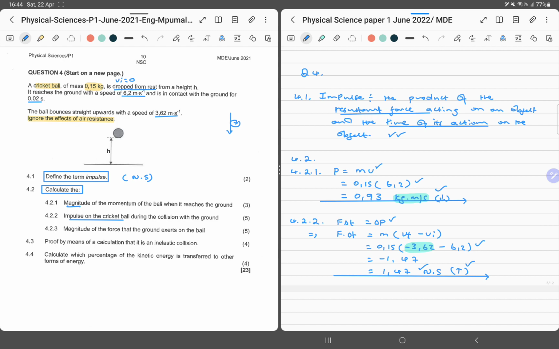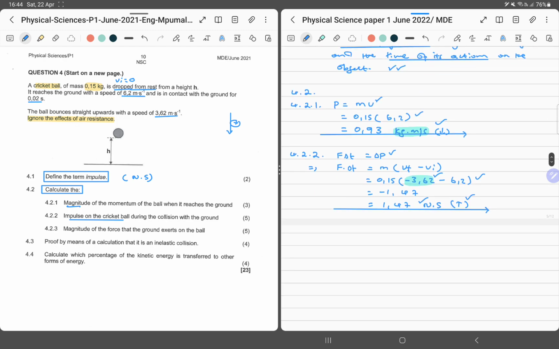I'm not sure. Remember, this could have been a separate calculation which could give you 3 marks, because you'd have a formula, substitution, answer, and then you plug it in here and you get an answer. So probably something like that.